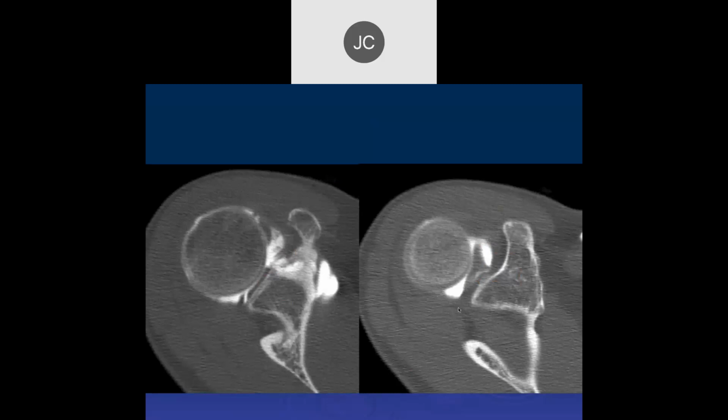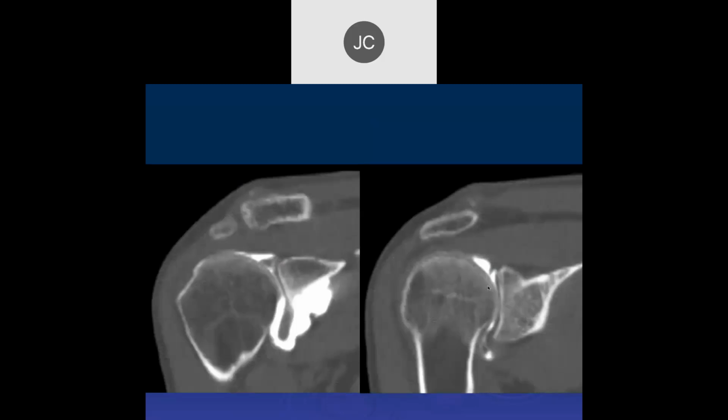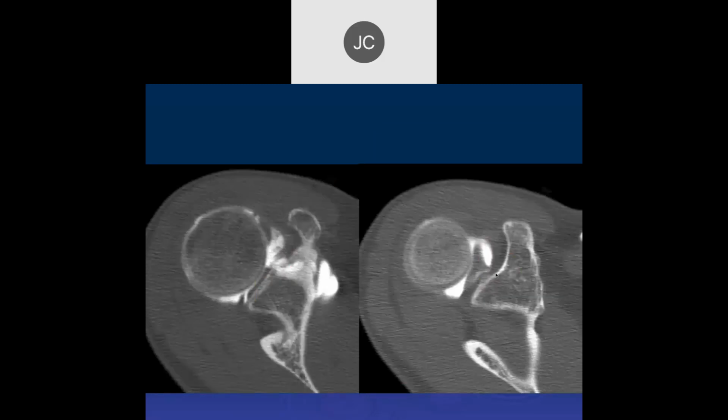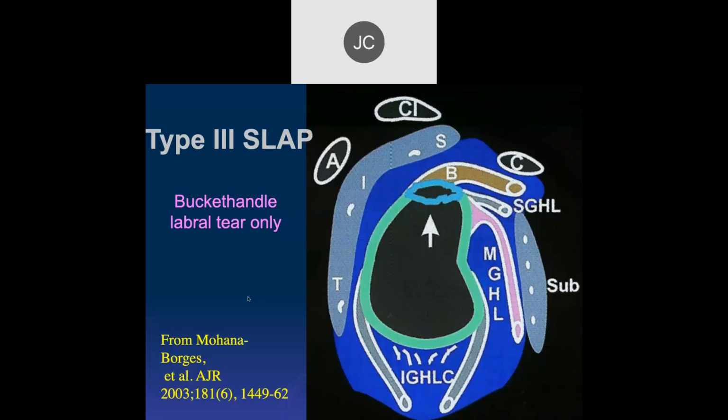So I think there's a SLAP tear from superior to posterior. You could argue this could be a superior recess. But if you look at the other images, that doesn't look like a recess because it goes through the substance of the labrum. And that was a type 2 SLAP tear on CT arthrogram.